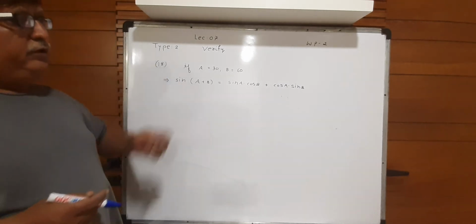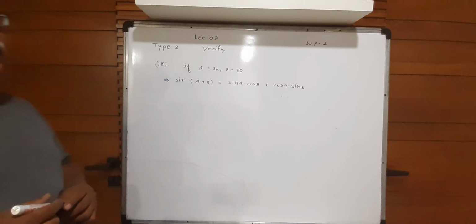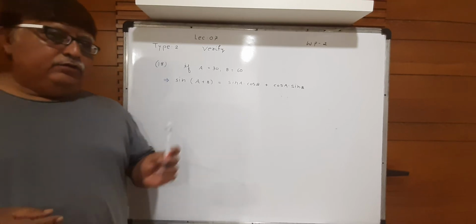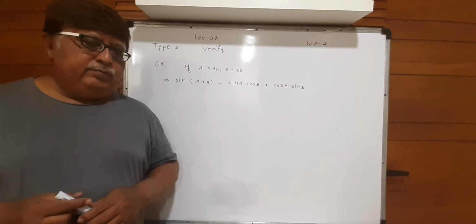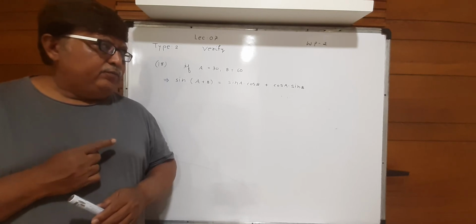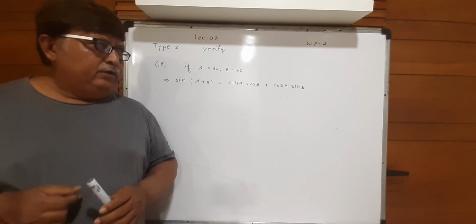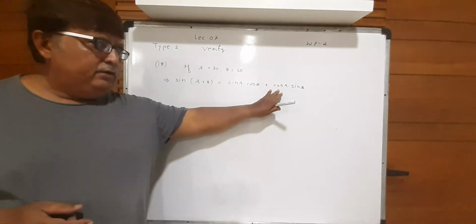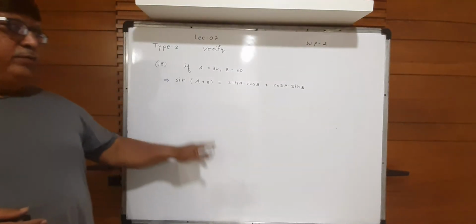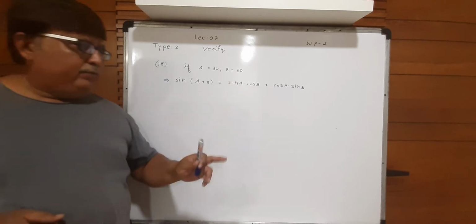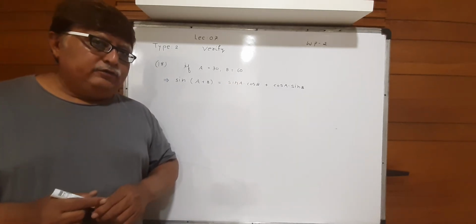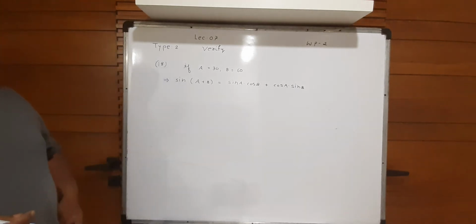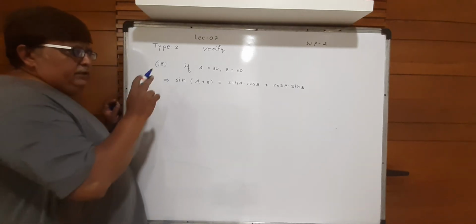So this particular identity which I have written here is also important to remember, because it is a very important identity when you go in 11th standard and learn trigonometry. There it is sin(alpha plus beta), sin alpha cos beta plus cos alpha sin beta.